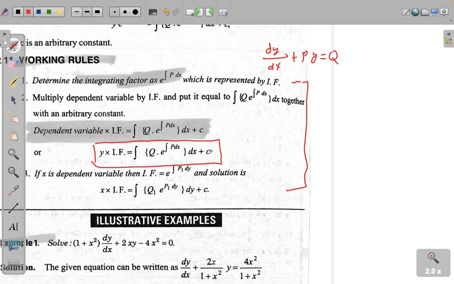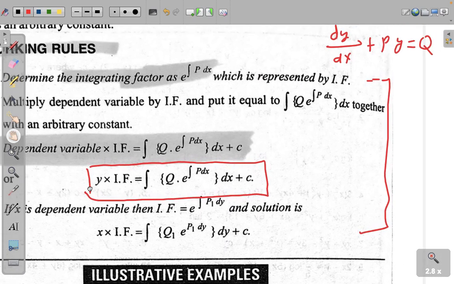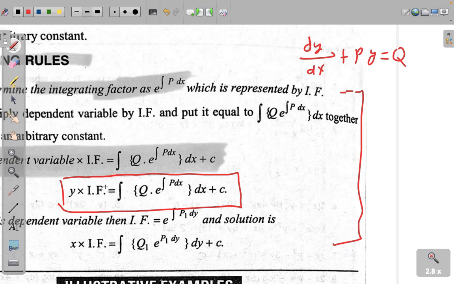And what is c here? C is the arbitrary constant, but what is if here? If is the integrating factor, where the value of if is this. It is written here that this is represented by if.